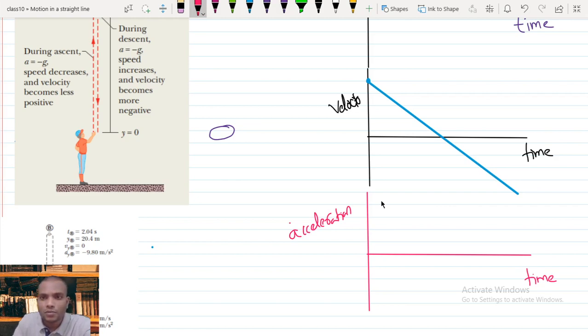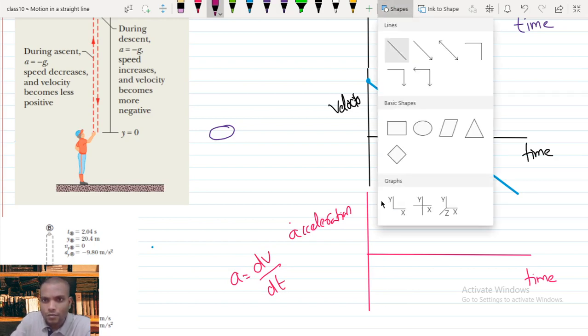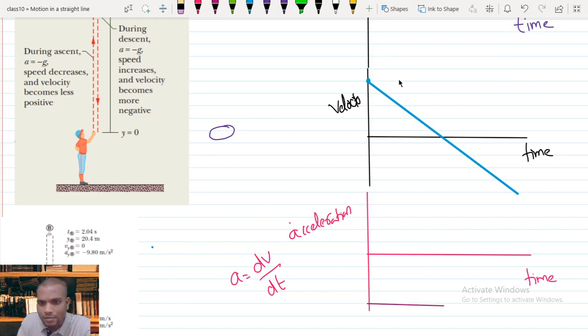If you find the slope of the velocity curve, the velocity is maximum here and then decreasing. The acceleration, equal to the rate of change of velocity, is a constant acceleration. So I will draw a line in the negative axis. This is acceleration equal to minus 9.8 meter per second square on earth.